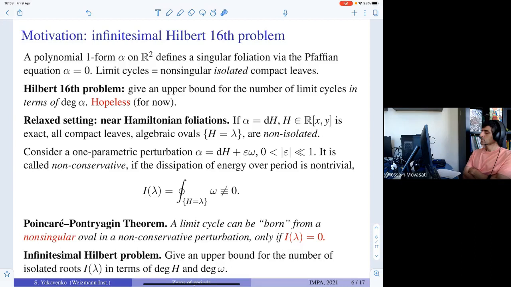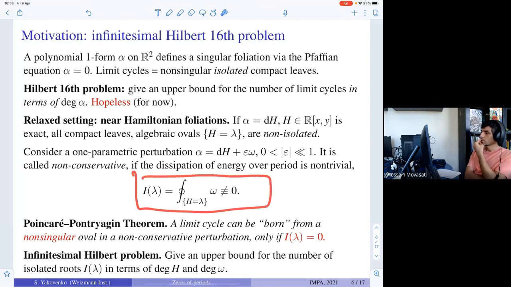And in order to answer the question of when a closed trajectory of a conservative system evolves into, generates after bifurcation, a limit cycle, we need to consider the Poincaré-Pontryagin-Melnikov integral, which is just the dissipation of the perturbation over the period.